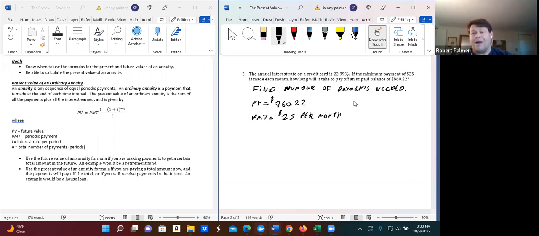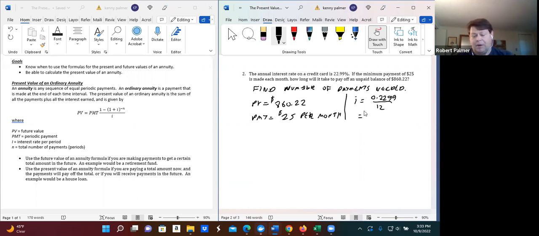And then also our I. Now this is an annual interest rate, but the interest is being done per month, and so that's going to be a decimal, 0.2299. Leave that as a decimal, and then divided by 12, and let's see what that's going to be.